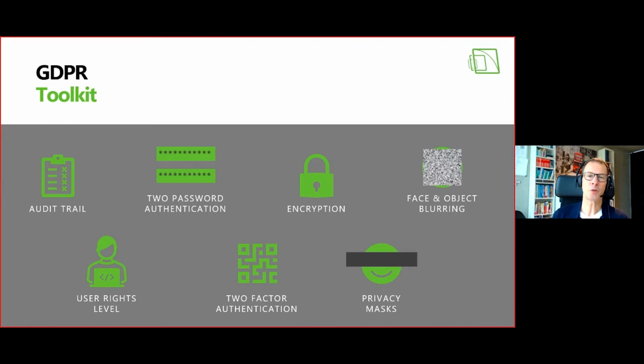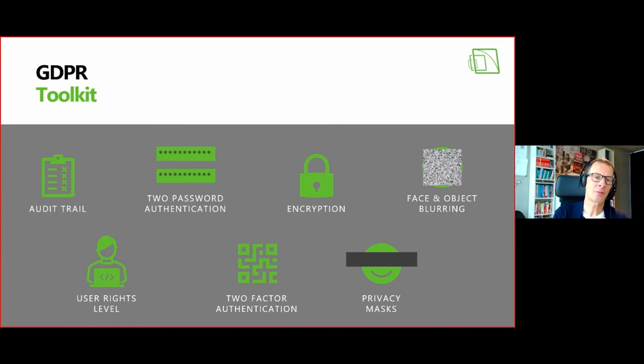Data protection means also that you protect your users against seeing what they should not see or doing what they should not do. So this is also a protection that we are following up, and our user levels are, let's say, unlimited. You can give one user the right to see only live videos of those cameras.